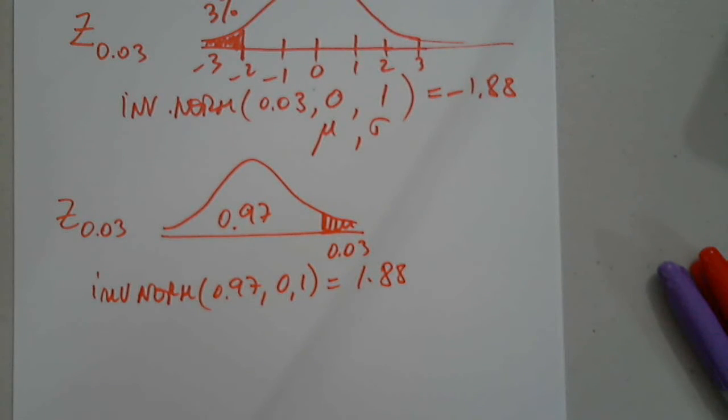Is there a way to do this in StatCrunch? The inv norm, let's take a look. I have the directions for that in StatCrunch. Hold on just one second. Let me finish up this so it's positive. Okay. So just keep that in mind for the problems in this section.